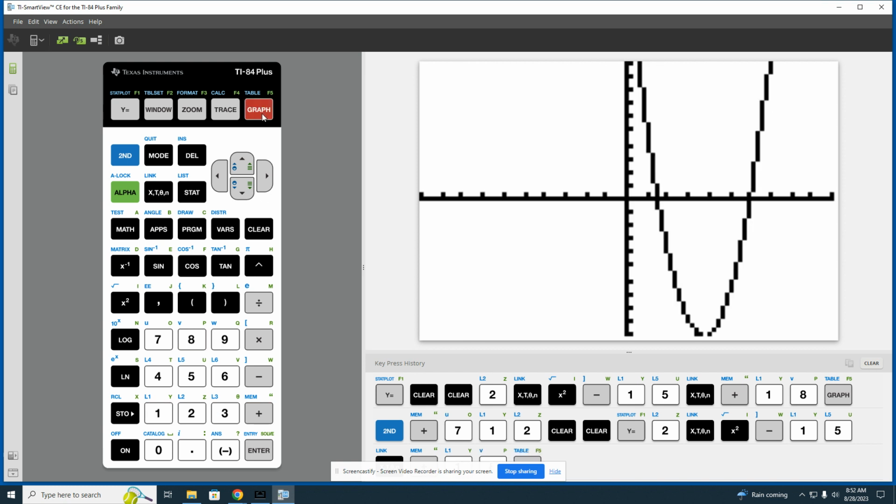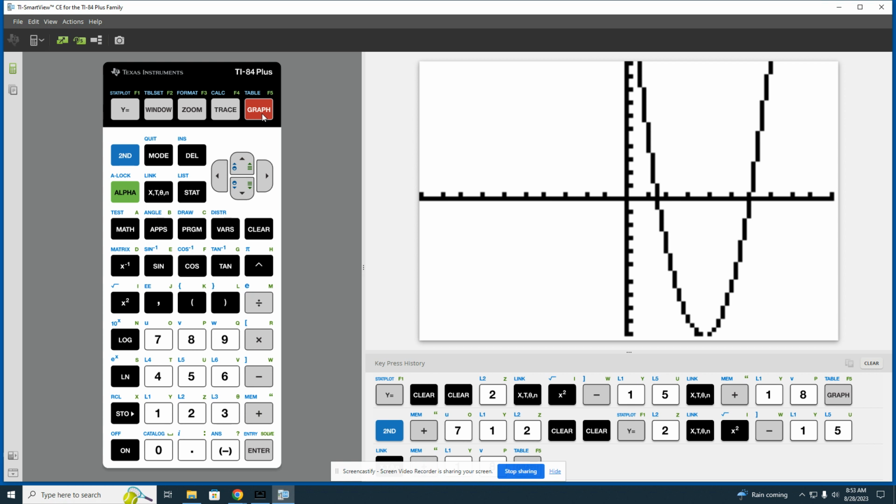a couple things that we've already discussed. One, this is definitely the graph of a quadratic. It's definitely open up. It's shifted to the right and down, right?